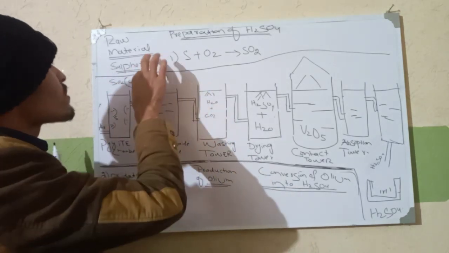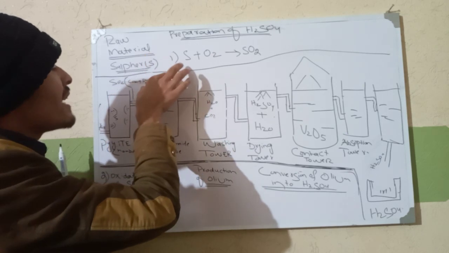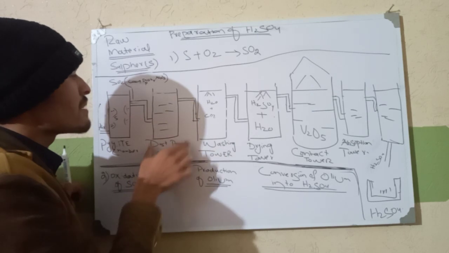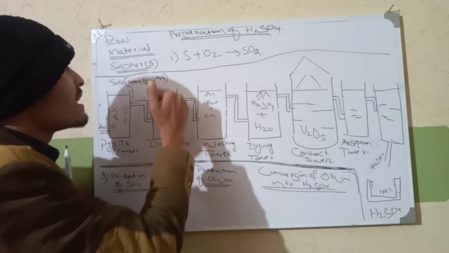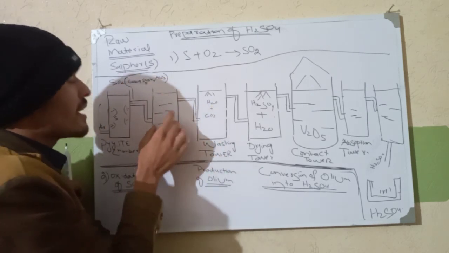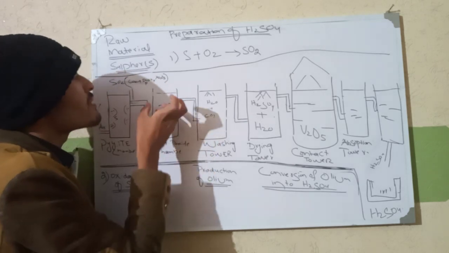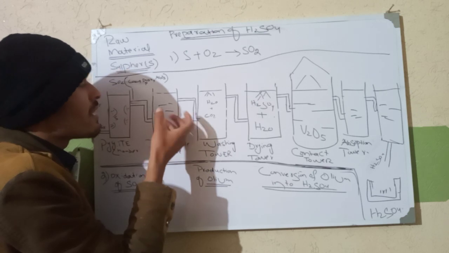Now these impurities enter along with the sulfur dioxide into the dust particle chamber. What will happen? Here a filter is used.